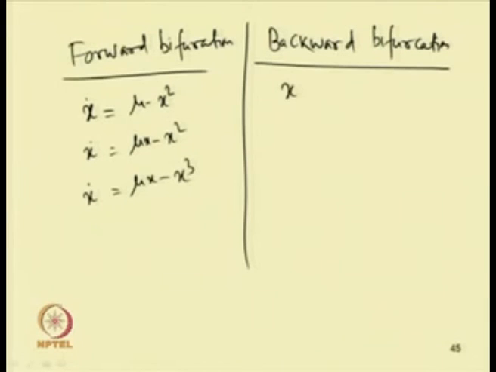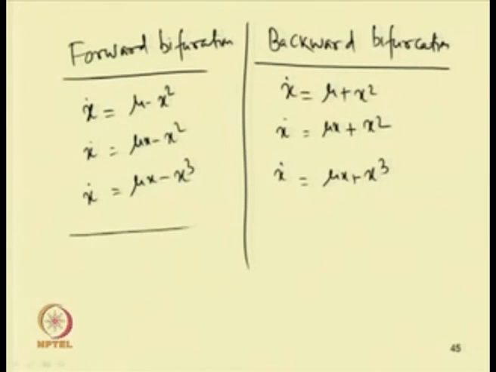Similarly, in the case of backward bifurcation, x dot equal to mu x plus x square, and x dot equal to mu x plus x cube. Already we know that these are the different generic cases for saddle node, pitchfork, and transcritical bifurcations.